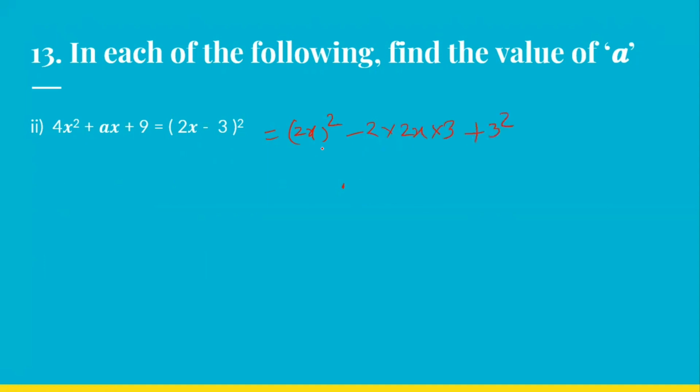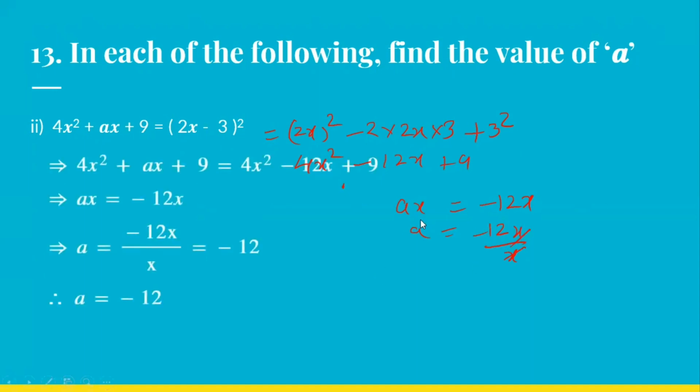This is what we get: 4x square minus 12x plus 9. Compare both of these: ax is equal to minus 12x, so a is equal to minus 12x upon x, which is minus 12. Got it? This is how you get the value of a as minus 12.